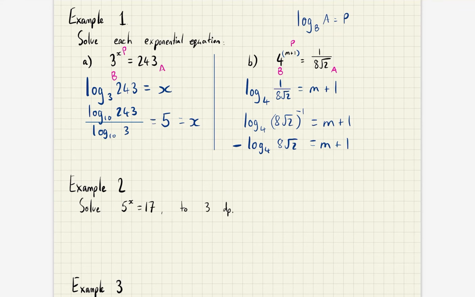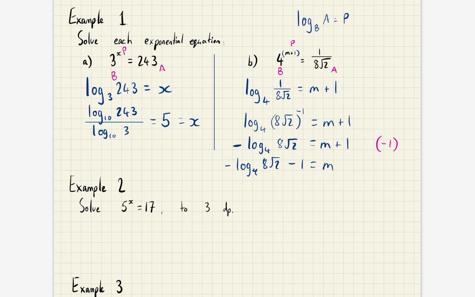Hopefully you're thinking, can we just take away that 1 from both sides so we get m by itself? Totally. So I'm going to take away 1 from both sides, and I'm left with negative log base 4 of 8 root 2, minus 1, is equal to m. That's our answer, but we can figure out what m is by typing this into our calculator.